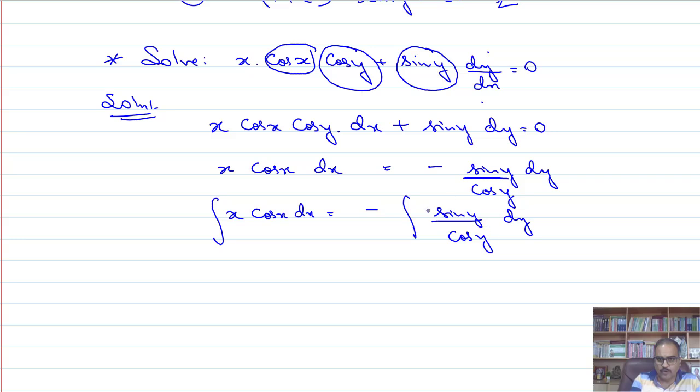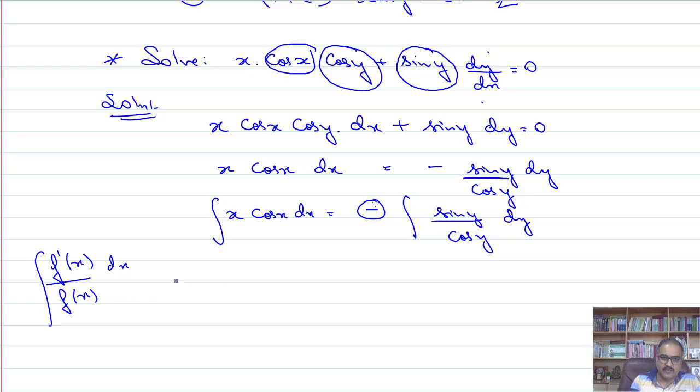अगेन यहाँ पे प्रॉपर्टी लग सकती है f dash x over f of x dx. क्यों? क्योंकि cos y का डेरिवेटिव तो माइनस sin y, माइनस बाहर पड़ा, इसको मैं अंदर इंट्रोड्यूस कर दूंगा तो ये माइनस sin y हो जाएगा, cos का डेरिवेटिव ऊपर आ रहा है.